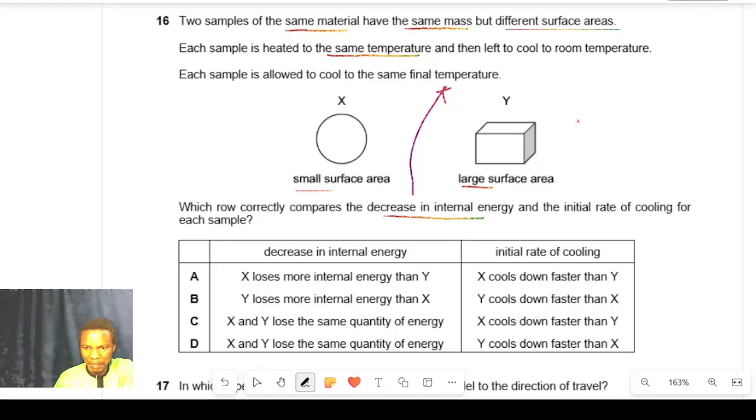The internal energy is the same because the average total kinetic energy is a function of temperature. Then, for the rate of cooling, the bigger the surface, the higher the rate of cooling. So Y cools down faster than X because of the large surface area. The correct answer here is D.